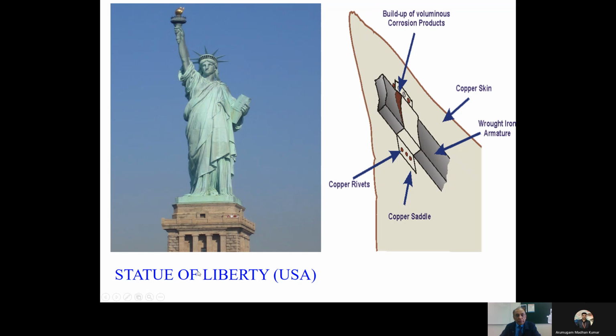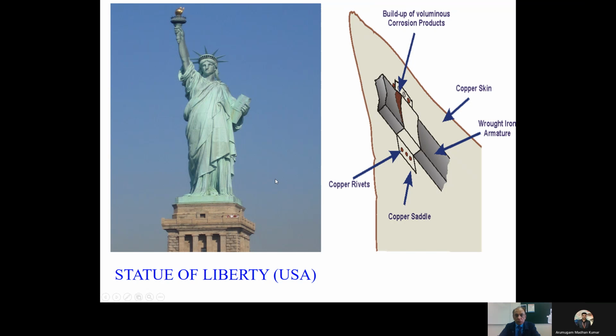You see this is the national symbol, the Statue of Liberty in USA. This is made of two metals. Outside is copper and inside is iron. So after installation, after a few months, this structure collapsed because of the corrosion in the iron. So engineers were called to see why this had collapsed.